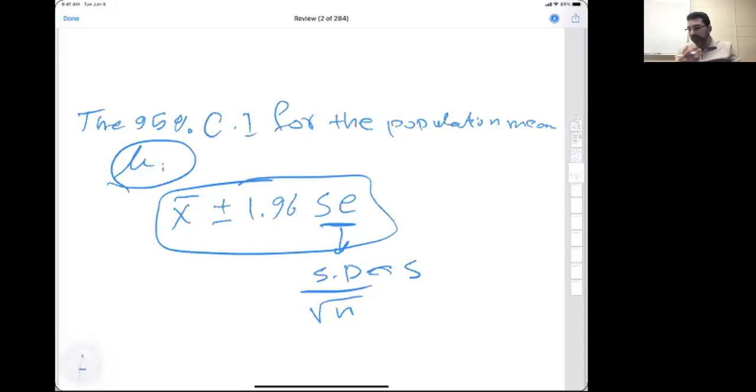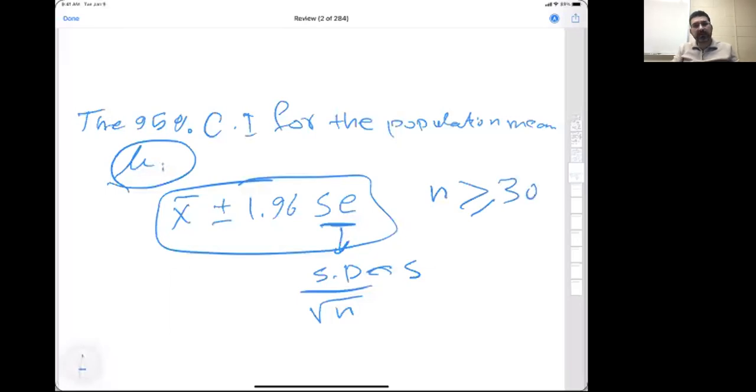It's based on the location of X bar under the sampling distribution of X bar, and of course there are other factors that affect it. So this is the confidence interval for the population mean. This is for the 95%, and we suppose here n is greater than 30 observations.